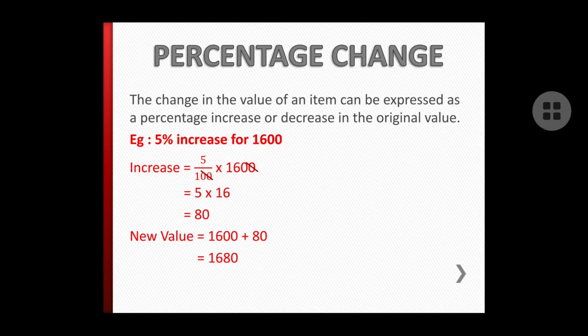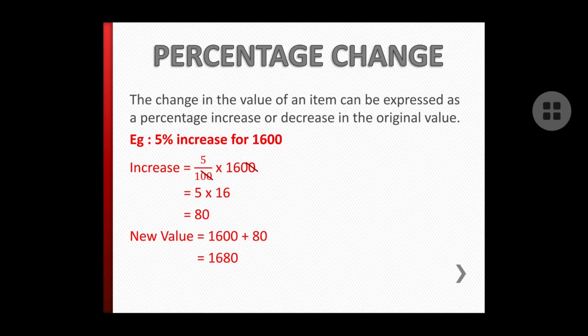This is one method. In the other method, you can directly get the new value. An increase of 5% in this 1600 means that when you compare with 100 of the original value, there is an increase of 5.